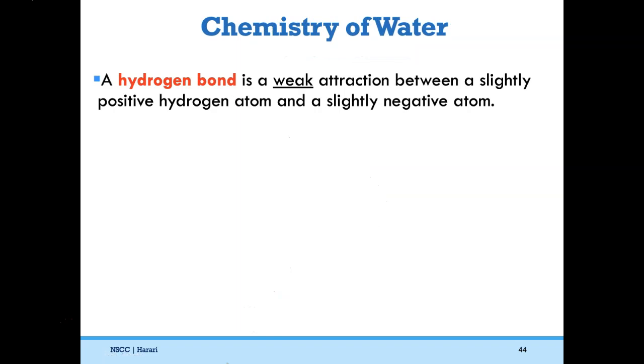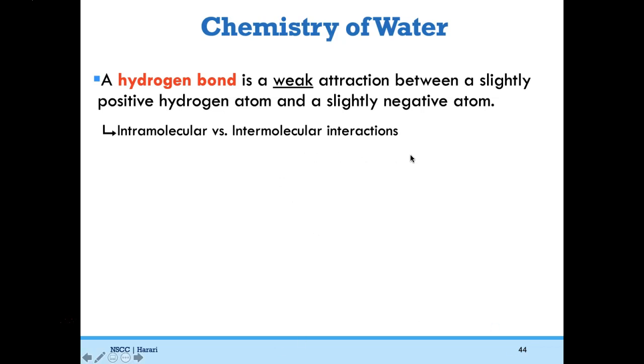So a hydrogen bond is a weak interaction between a slightly positive hydrogen atom and a slightly negative atom. That slightly negative atom is usually an oxygen or a nitrogen in biology. And these can be intramolecular, meaning within one molecule there can be hydrogen bonds, or as in the example we saw on the slide before, intermolecular, right?